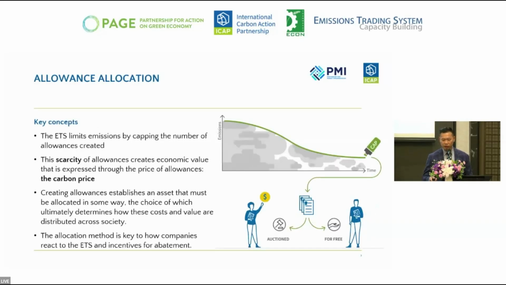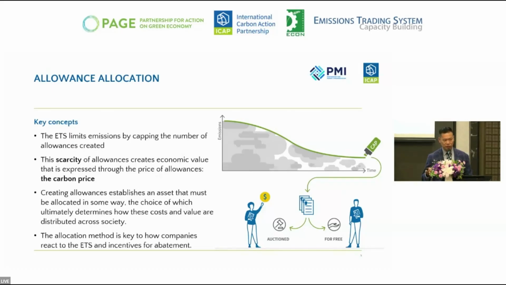So first of all, let's talk about some key concepts. We have the cap for the ETS that limits the number of emissions and creates the allowance. Then the scarcity of allowance creates the economic value, and the scarcity really creates the carbon price.